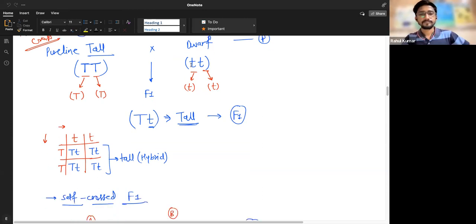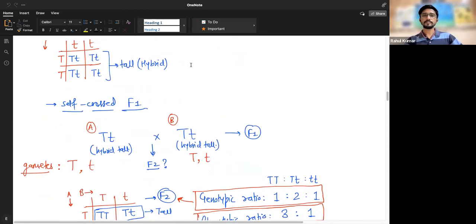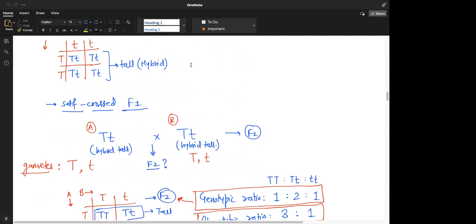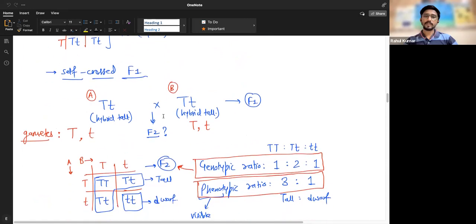And then we did self cross of the F1 progeny. So why do we do self cross? To get the F2 generation, the second generation.